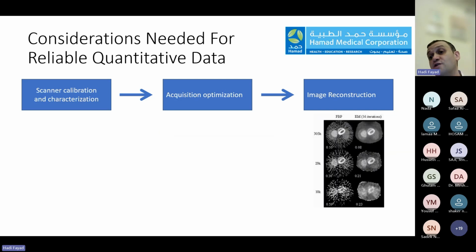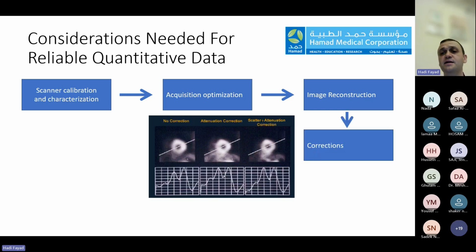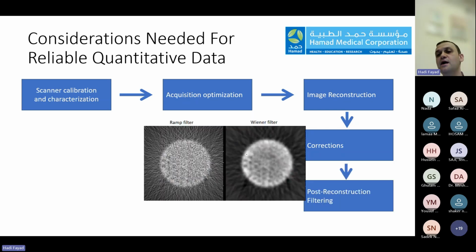Also, how to define the parameters of this image reconstruction, like how many iterations, how many subsets, all these parameters. Then necessary corrections, like attenuation correction, scatter plus attenuation correction, and so on: what corrections we can do to improve our quantitative data at the end.